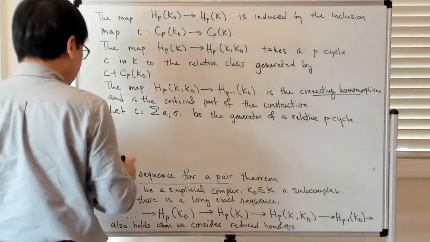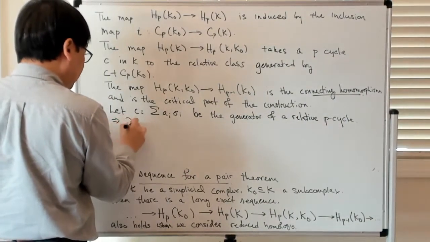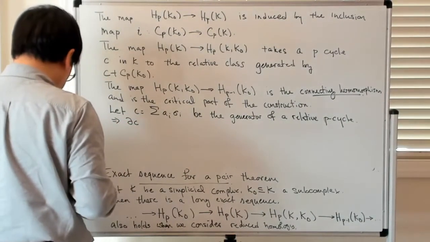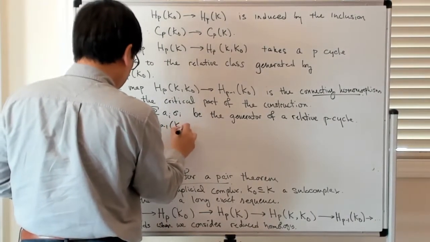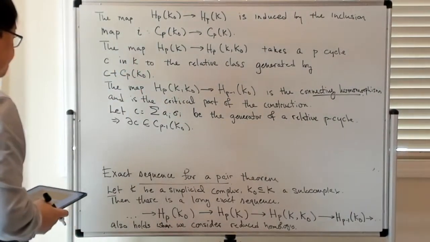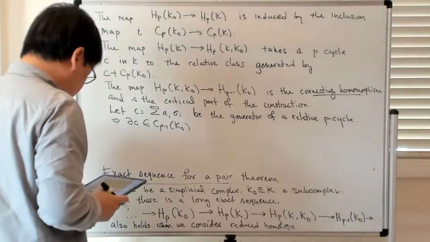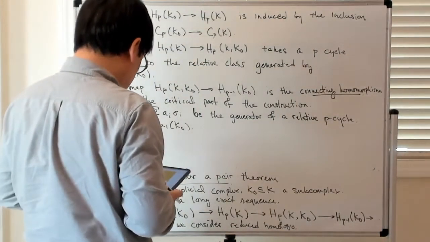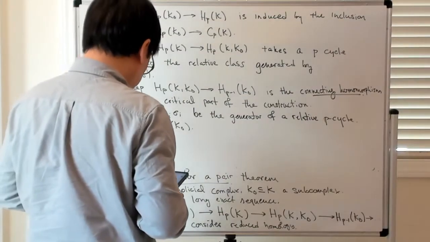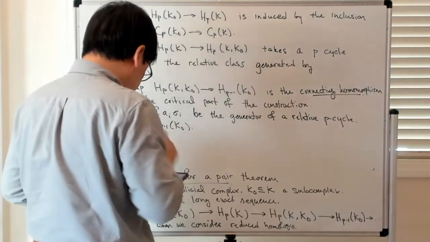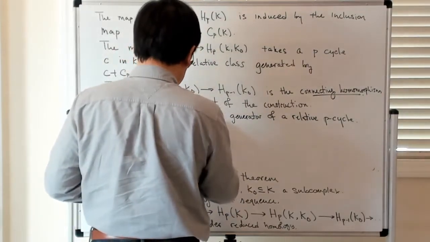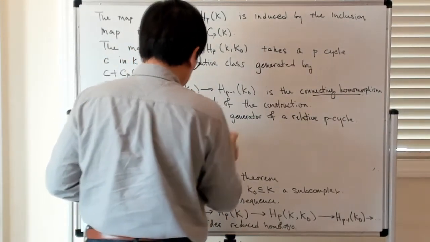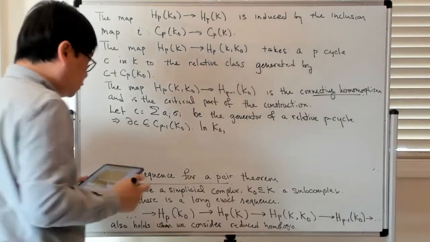Okay, so what this means is that the boundary of this is in C_{p-1}(K0). So in K0, of course, the boundary of the boundary is trivial.